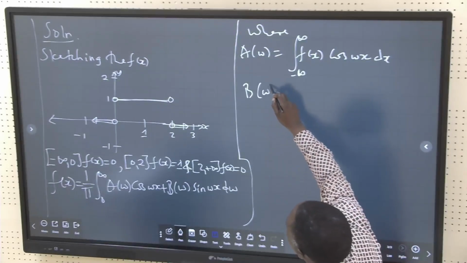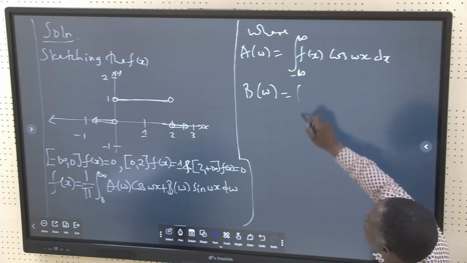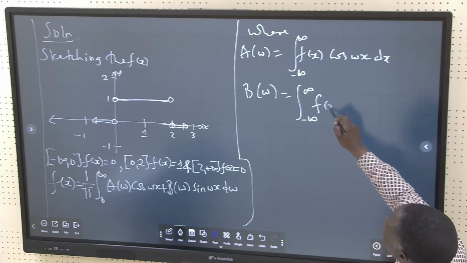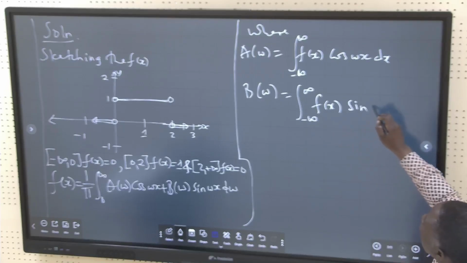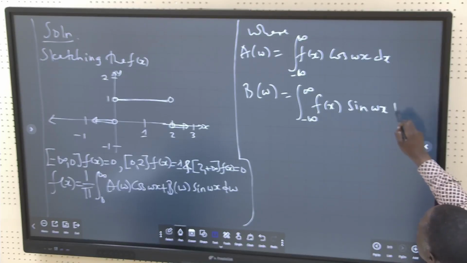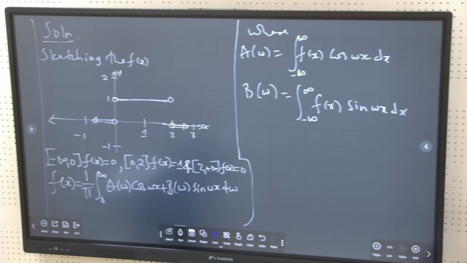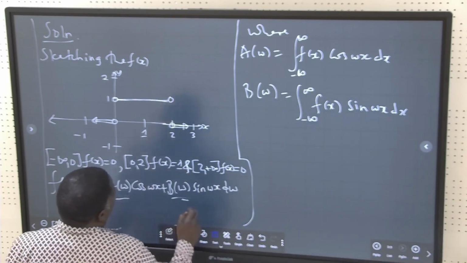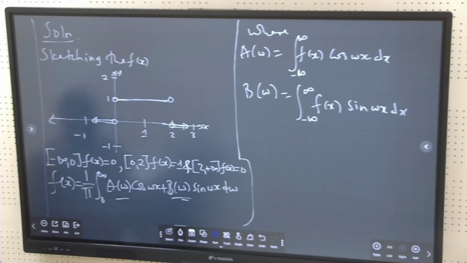B omega equals the integral from negative infinity to infinity of f of x sine omega x with respect to x. So let us see how we can get these values for a omega and b omega using these intervals and the integrals given.